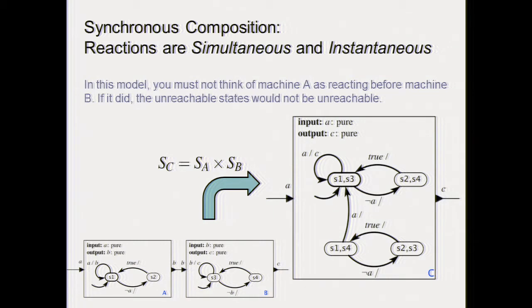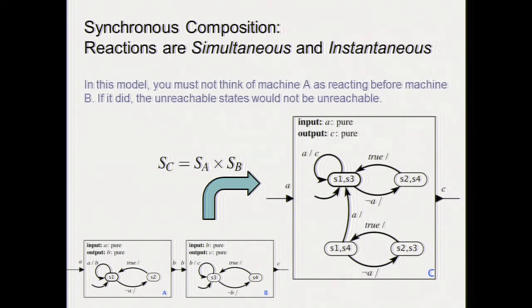If A is not present, it outputs nothing and goes to S2, S3, but S2, S3 has a transition that is always taken and spits out nothing. So you cannot go from S1, S3 and S2, S4 to S1, S4 and S2, S3, which means these states on the bottom are unreachable and can be thrown out.